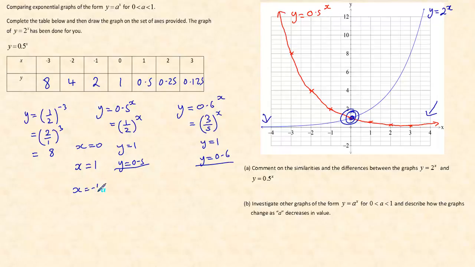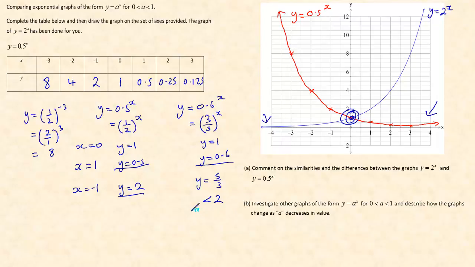What about x is negative 1? Well, this one would give us y equals 2, and this one here would give us y is, just turn the fraction upside down, 5/3, which is clearly less than 2.